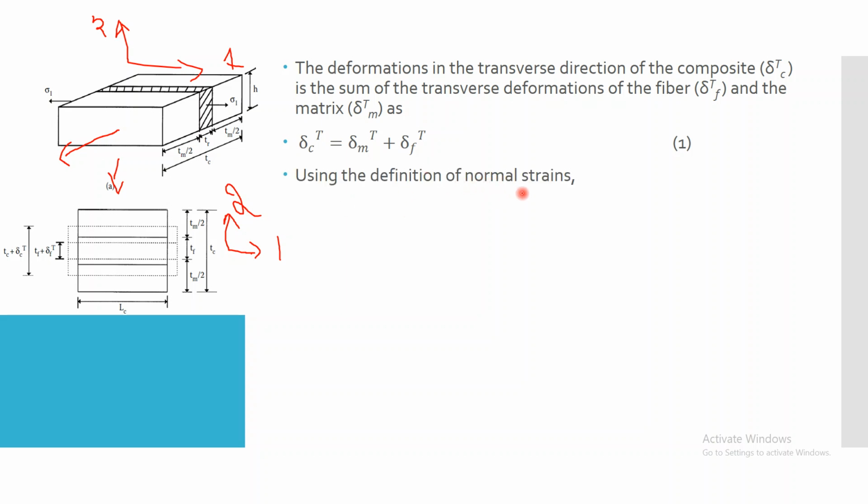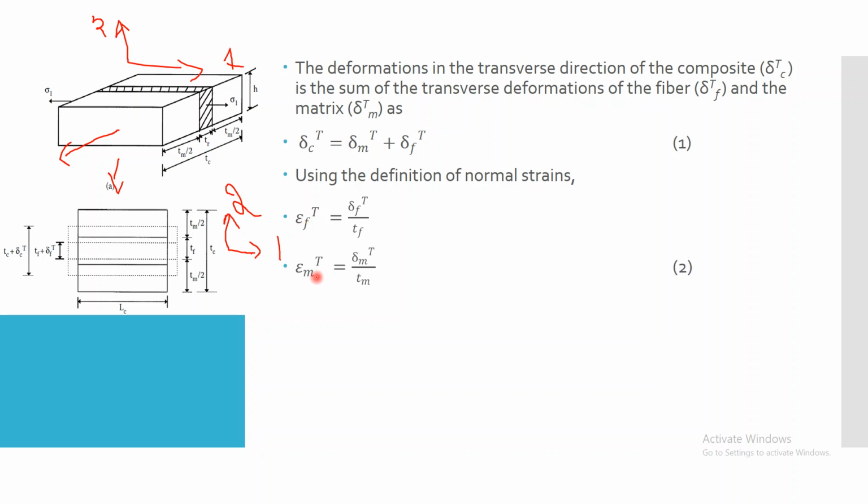And let us look into the normal strains in the direction of the transverse. So epsilon F T, suffix of the fiber, is equal to delta F in the transverse direction divided by thickness of the fiber. So change in length by original length. So change in length is delta F T, original length is t F. That gives you the strain in the transverse direction.